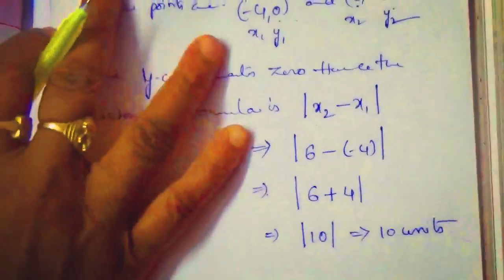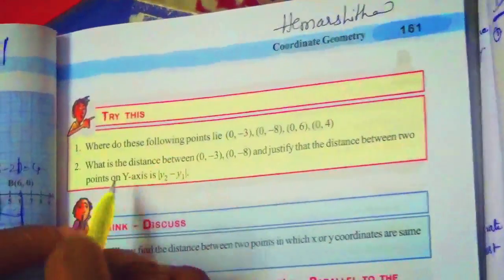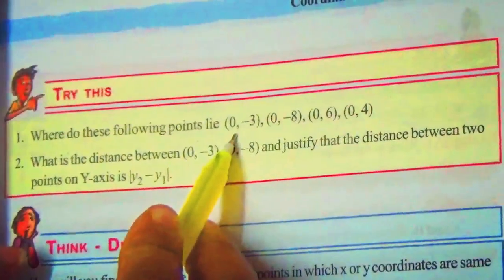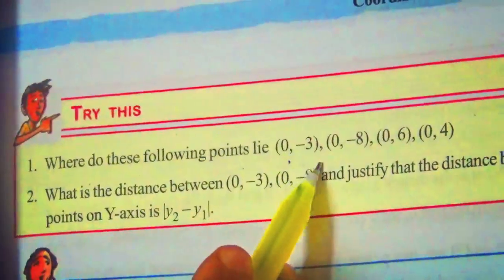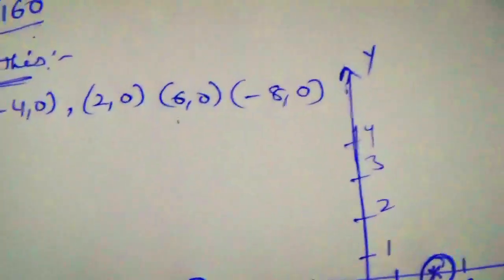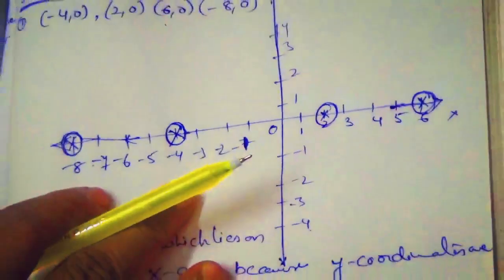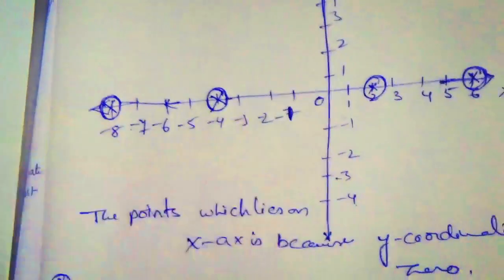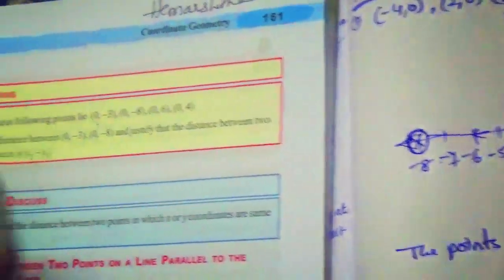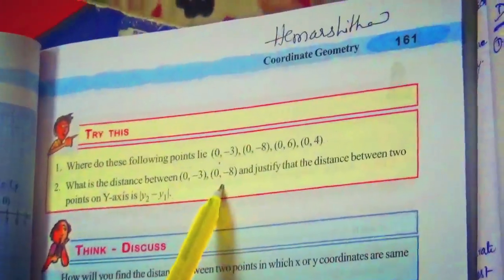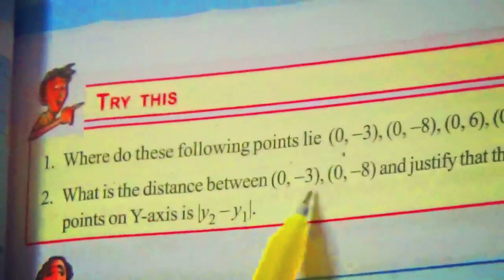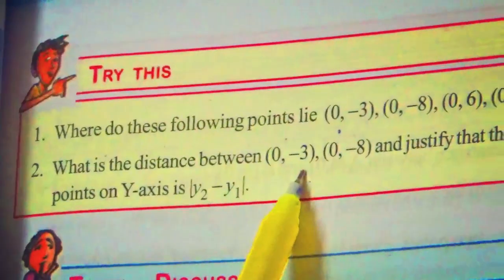Okay, just like that, you try this also. Look here, where do these points lie? You take these points just like this, not in a graph, in the notes you just write like this. And the second question, what is the distance between these 2 points? Here look, the x coordinates become 0 and the y coordinates are there.